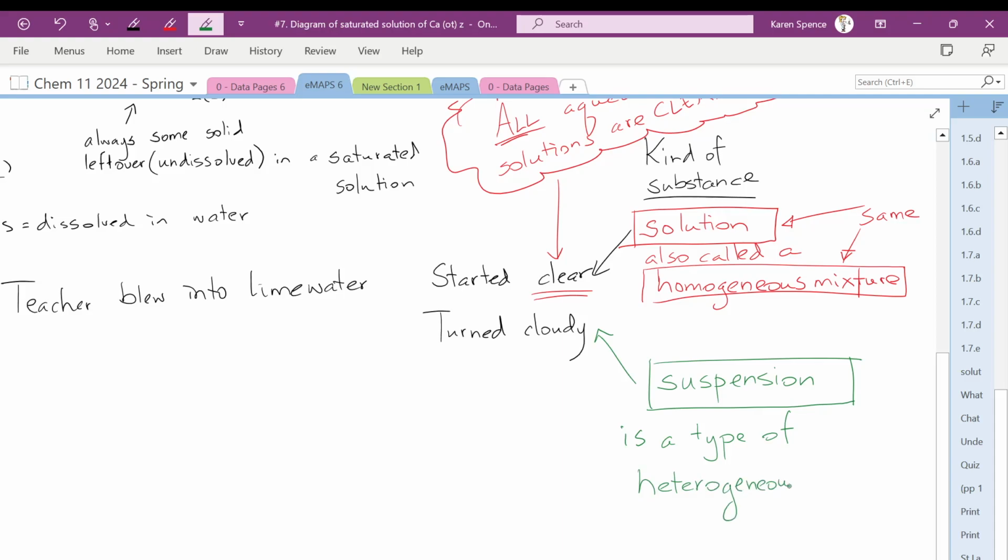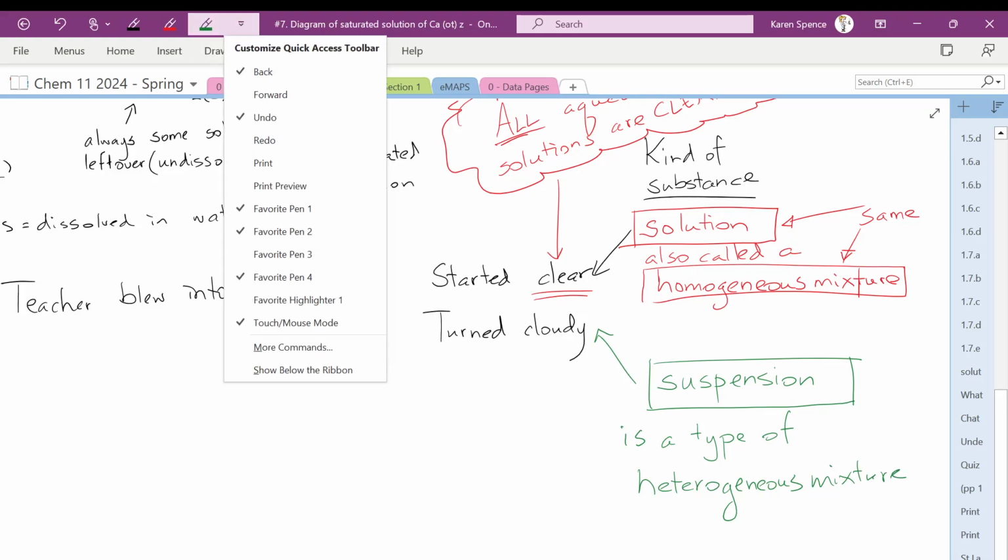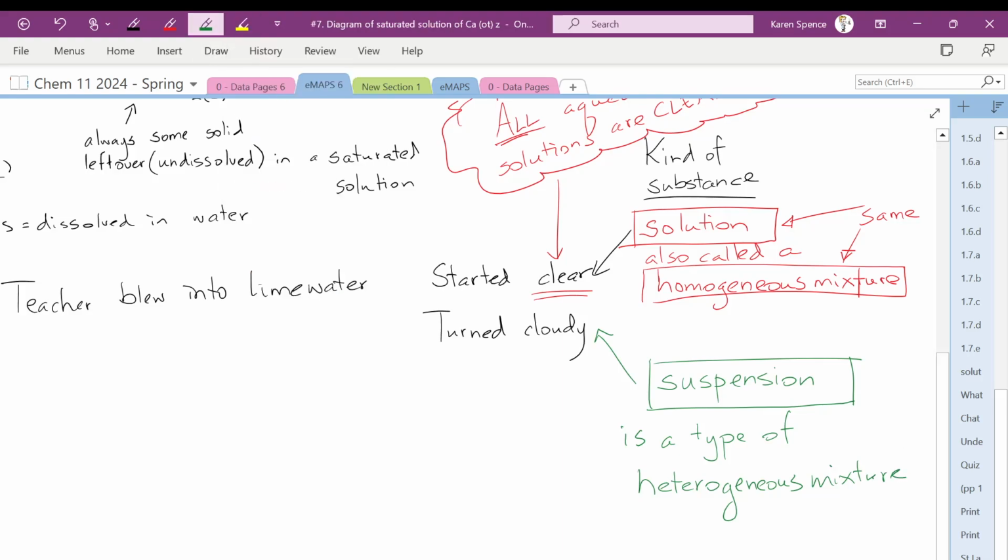Are they interchangeable? These two are not interchangeable. They are not the same. So that's why I'm going to highlight that a suspension is a type of heterogeneous mixture, but these two are not the same.